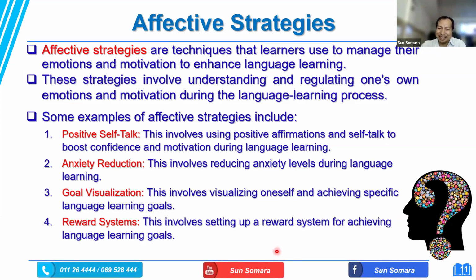Okay, volunteer. Me, teacher. Yeah, please. Let me try again. Affective strategies are techniques that learners use to manage their emotion and motivation to enhance language learning. This strategy involves understanding and regulating one's own emotion and motivation during the language learning process.